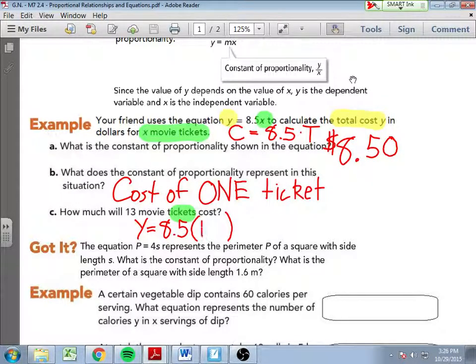So instead of using x, we replace it with 13 since that is our x value. And when we solve for the total cost, let's imagine your parents are very nice, and they're allowing you to take a dozen friends with you, so 13 people total, to the movies.